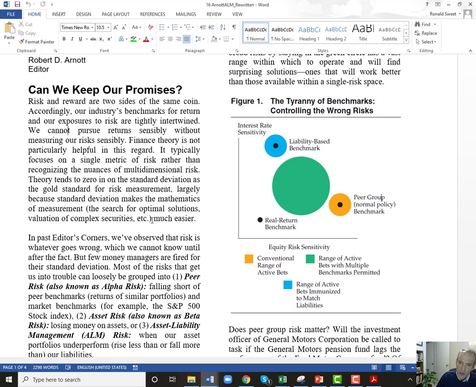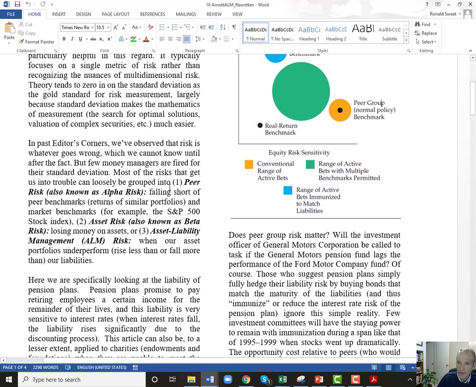So let's introduce this article, and you'll actually see this in my blog as well. He is going to talk in this article about 3 risks. I expand his 3 risks into 4 risks. And I want you on the exam to be able to explain these 4 risks. Now the 3 risks that he talks about are pure risk, asset risk, and asset liability management risk.